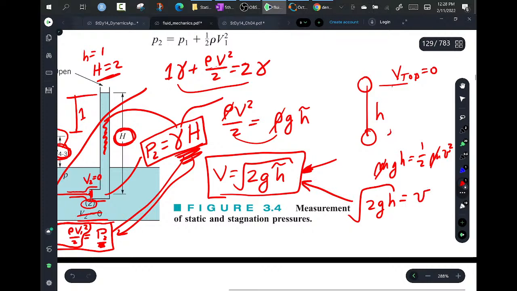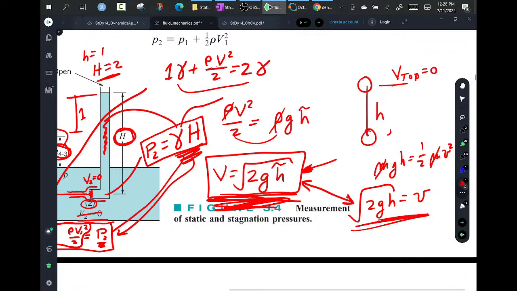It's not too uncommon to see this, and once you see it, it brings home the point that Bernoulli is an energy equation, but it happens to be energy per unit volume.